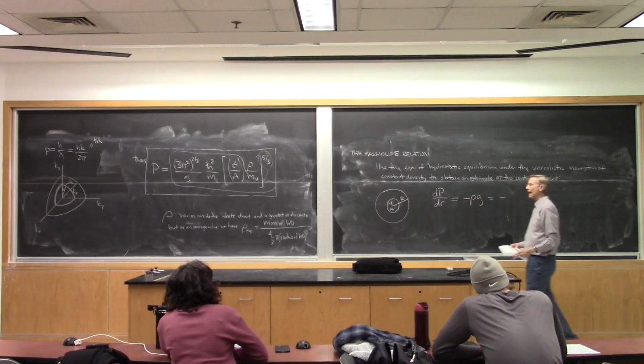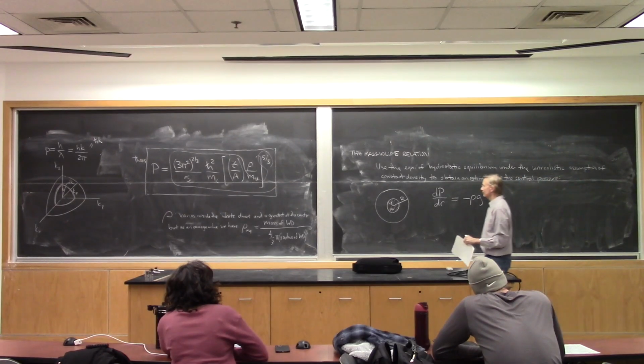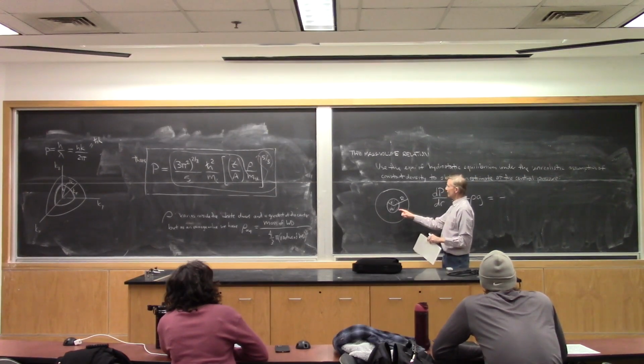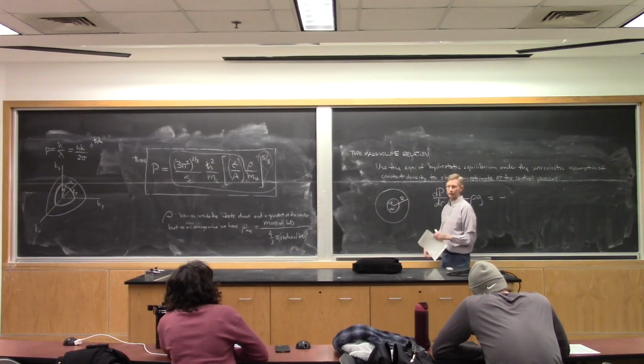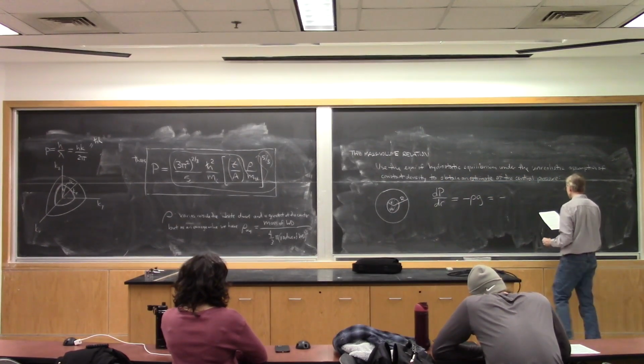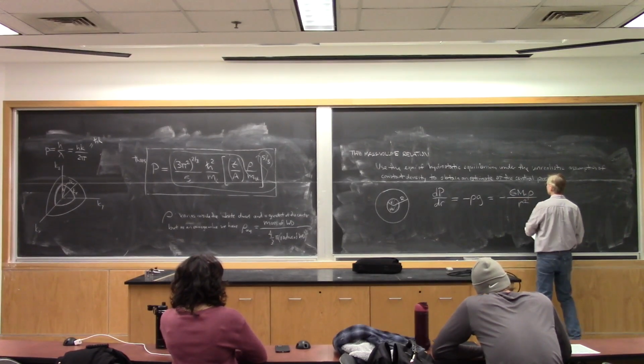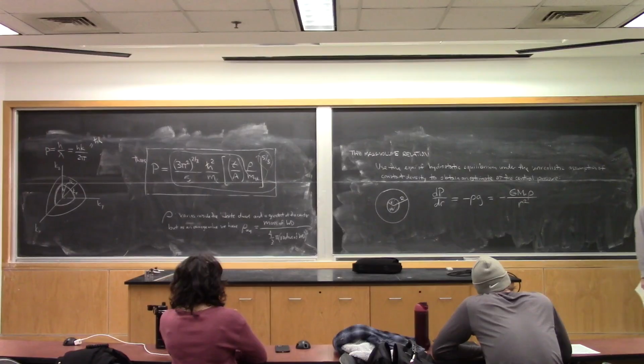Gravity acts as though all the mass interior to you in a spherically symmetric situation were concentrated at the center, so the acceleration due to gravity is G M(r) over little r squared from Newton's law of gravity. So we get dP/dr equals minus G M(r) rho over r squared. Are you buying what I'm selling so far?